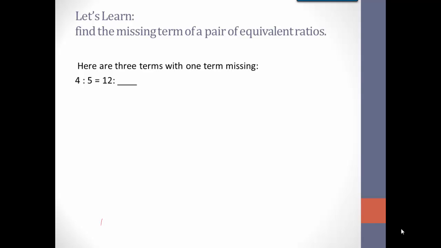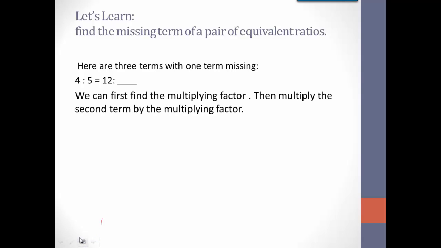Let's learn. Let's find the missing term of a pair of equivalent ratios. Here are 3 terms. We have 4 to 5 equals 12 to blank. We want to find what it is. Well, we can do 2 things. First, we can multiply. We can multiply the first term to see what we can do to get the second term.